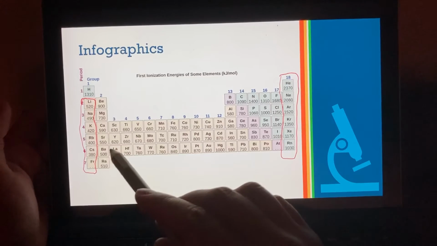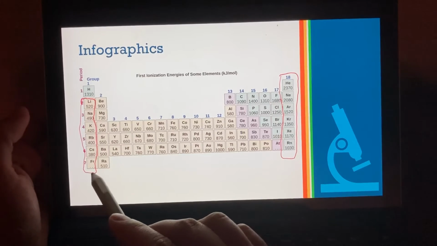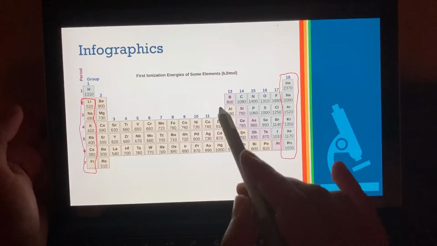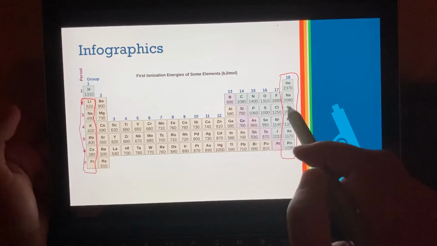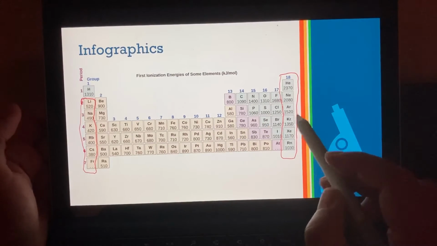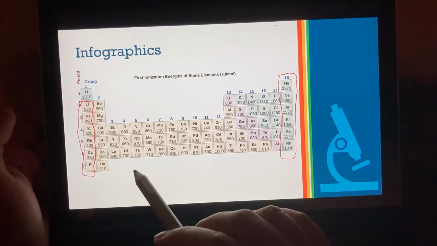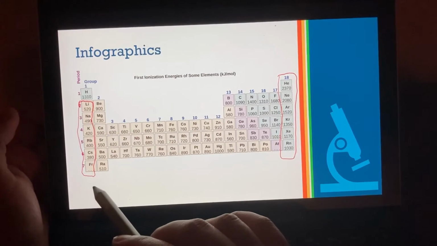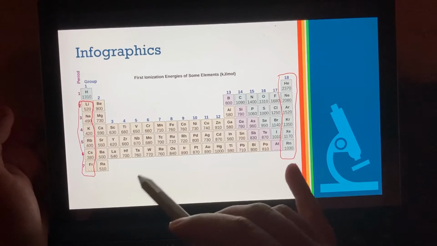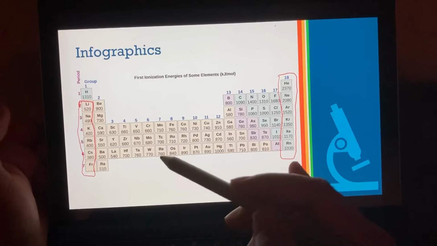It's easy for the alkali metals to give away an electron, because on its outermost shell it wants to be just like the noble gases and have a full octet.